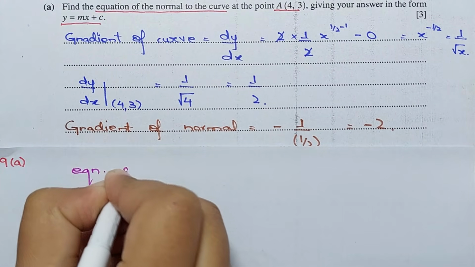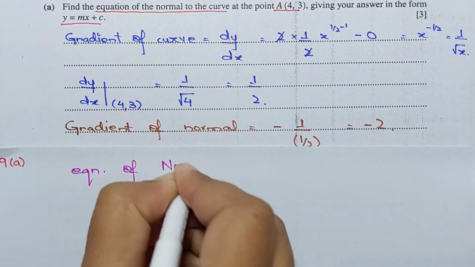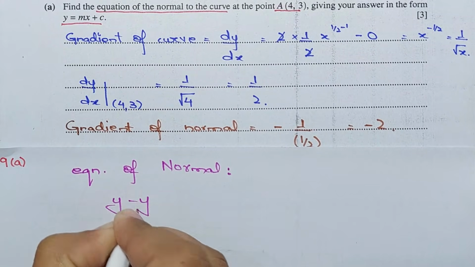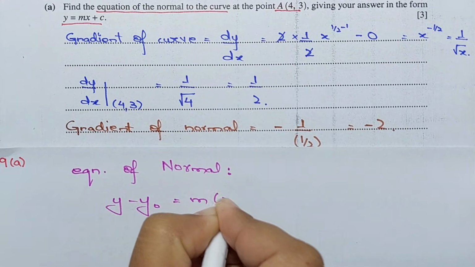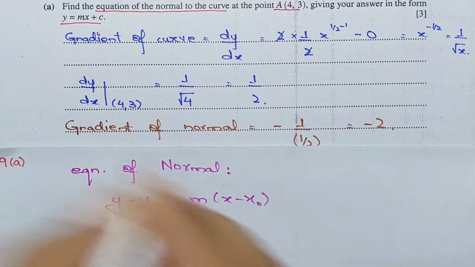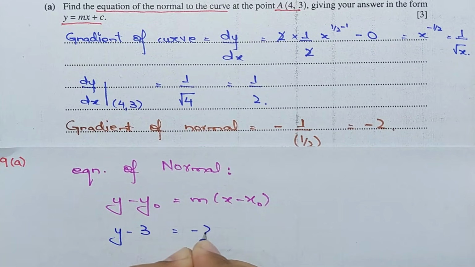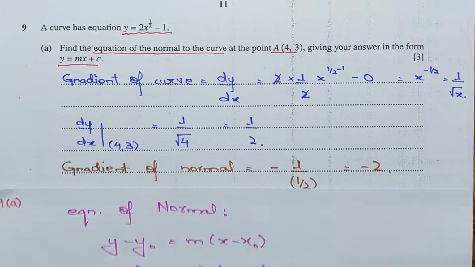Now the equation of the normal is y minus y naught equals m into x minus x naught. x naught and y naught is the point A and m is the gradient. So y minus 3 equals negative 2 into x minus 4. But we need to convert it into this form.